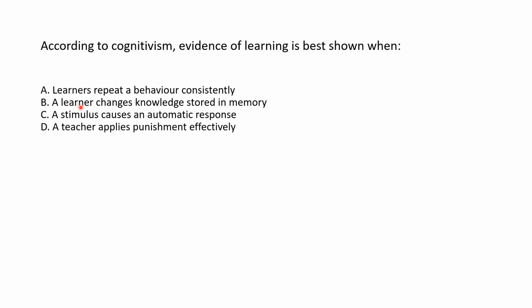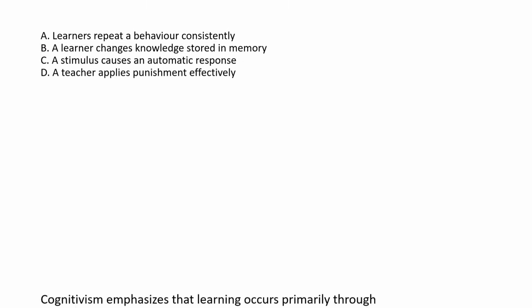So our answer will be a learner changes knowledge stored in memory. It's not C, stimulus causes an automatic response. A teacher applies punishment. So B is the answer.